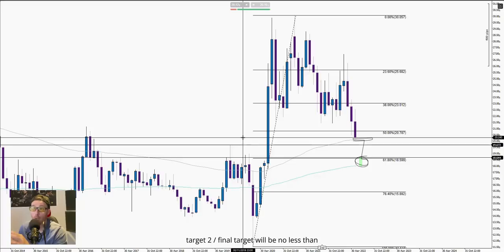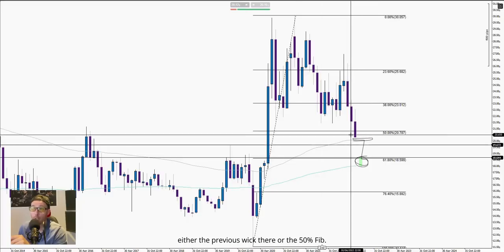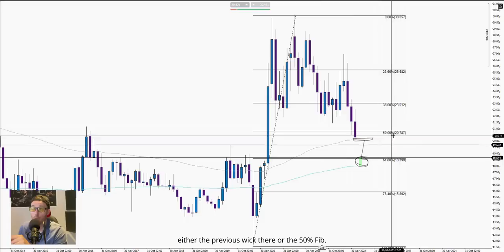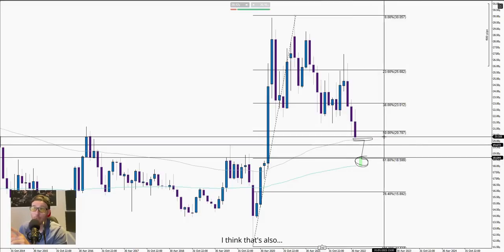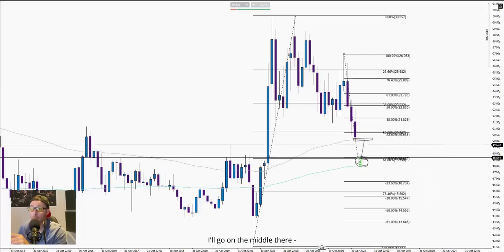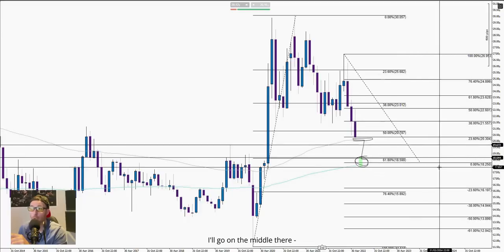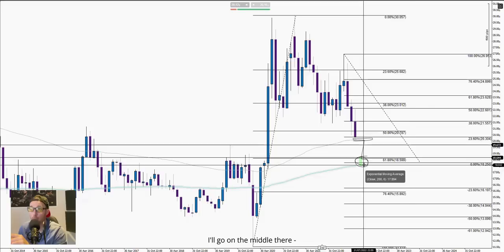Because target 2, the final target, will be no less than either the previous week or the 50 fib. If you're looking at the most recent move down, I'll go on an average middle there.